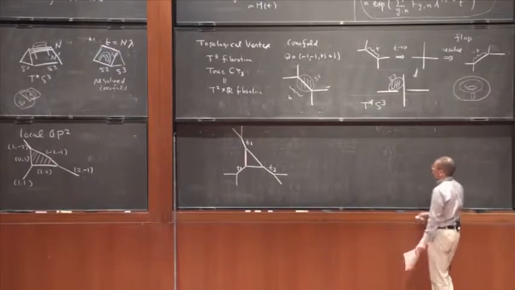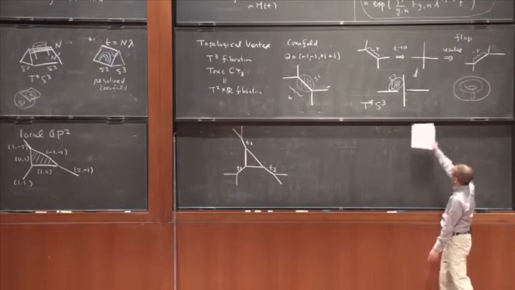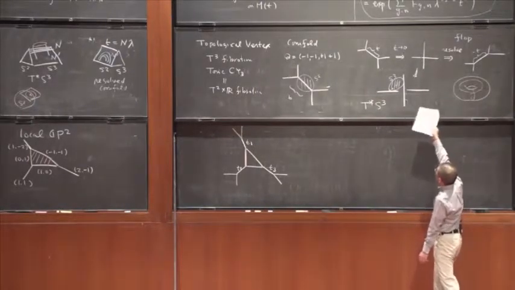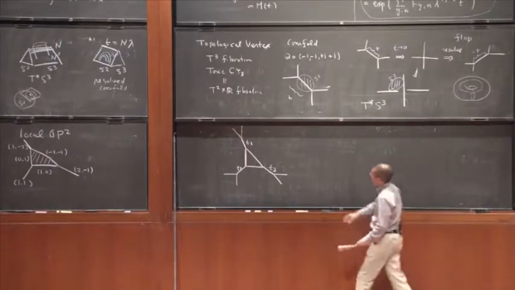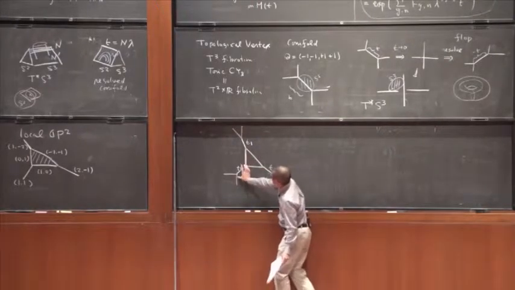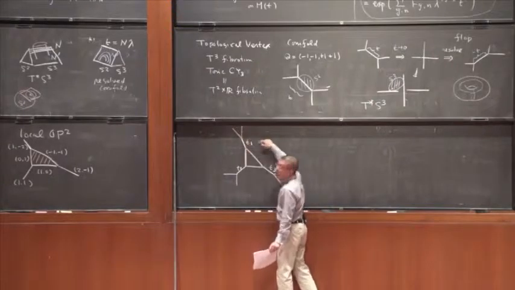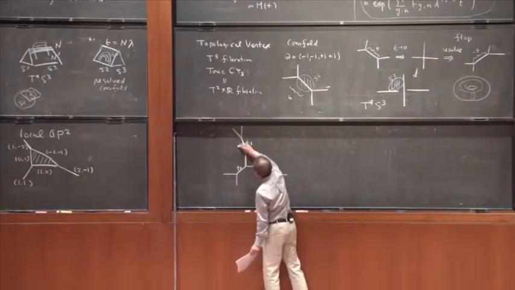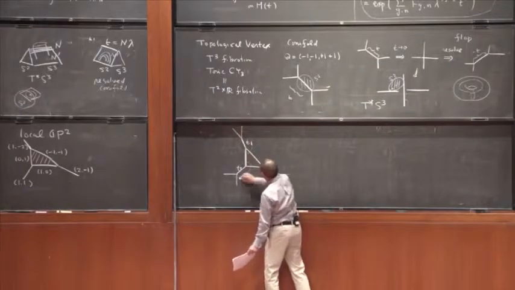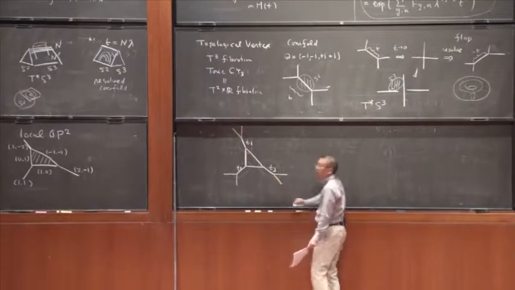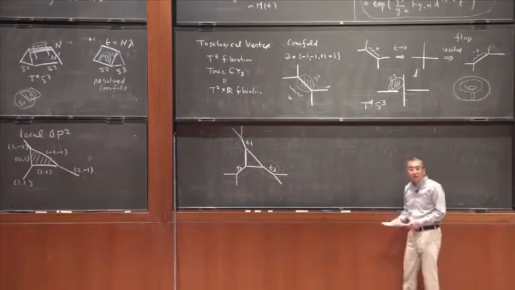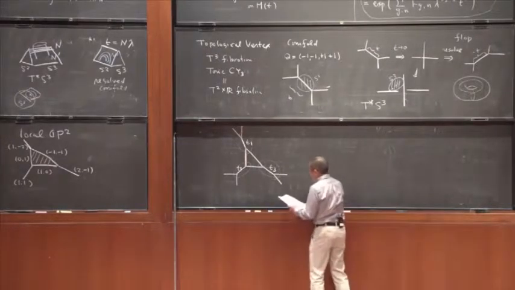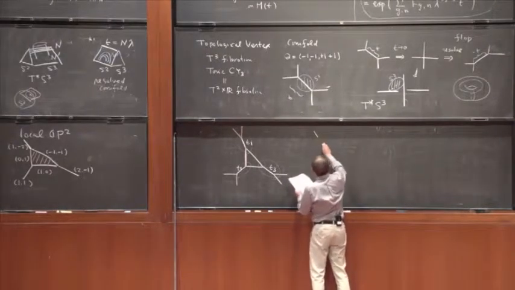Now, once you have that, I can do this open-closed string transition for each of these places. Because now locally this looks like resolved conifold. This looks like resolved conifold. This looks like resolved conifold. So we can actually lift this like this.